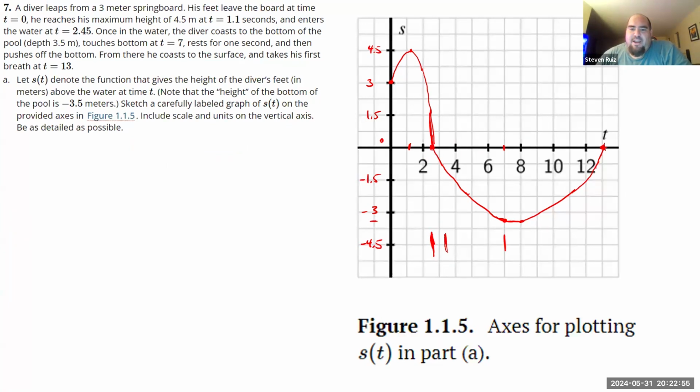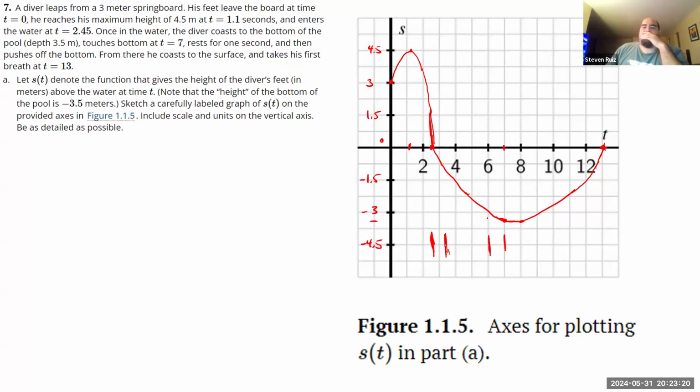The way I drew this graph, the slopes in here are going to be a little steeper. Another way to think about that is, since we're talking about average rate of change, the change in position from 2.45 to 3.45, we'll say, is more than it would be between 6 and 7.